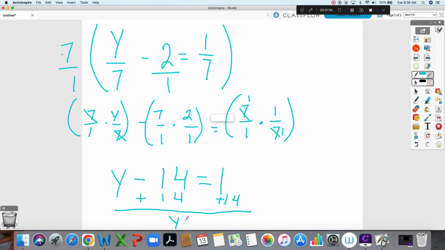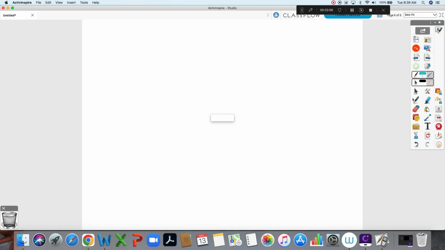So y equals 15. Everybody got this one written down? Let's move on to the next one.